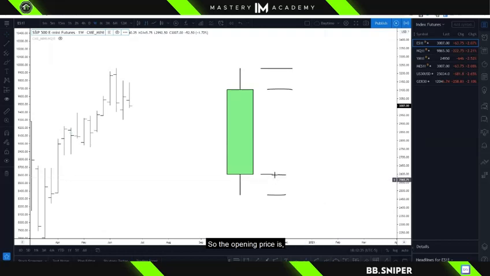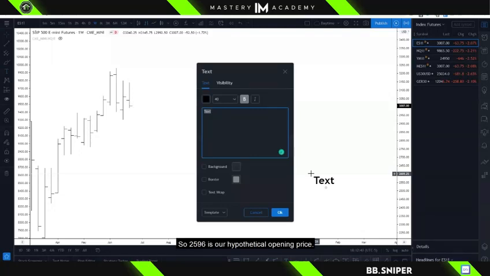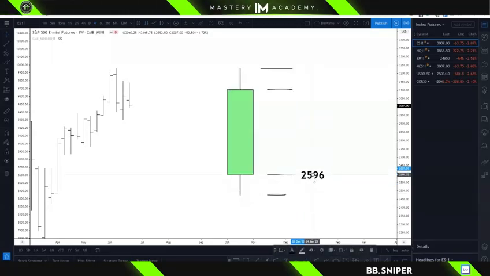Okay, so the opening price on this hypothetical candle is $25.96. Okay, let me just put that right there real quick. $25.96, okay, is our hypothetical opening price.